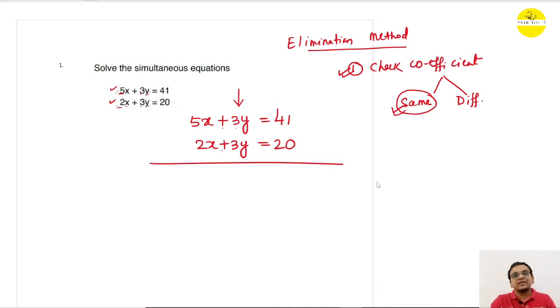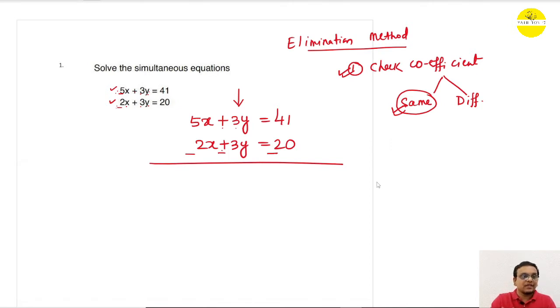Again, I'm saying if you have the same sign, then you can subtract, because if you subtract, automatically the sign will change. See, if I try to subtract these two equations, the bottom equation, the sign of each term will change. It was plus 2x, so it will become minus 2x, it will become minus 3y, and it will become minus 20.